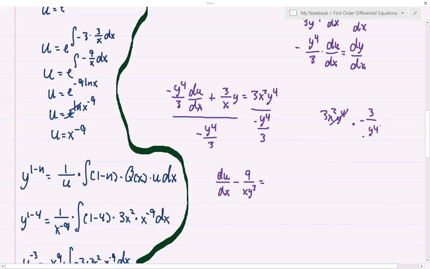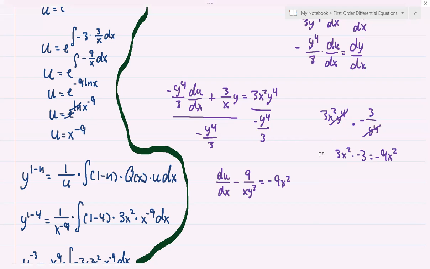I'll cancel y raised to 4 in the numerator and the denominator because both of them are the same. So we will have 3x squared times negative 3, which gives negative 9x squared as a result.